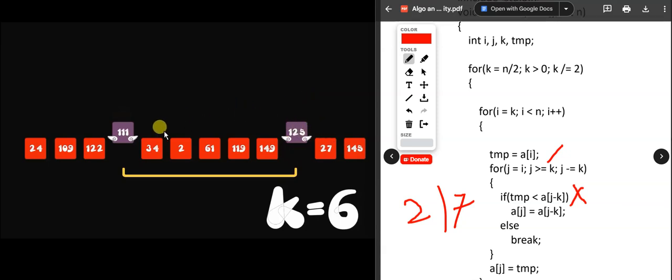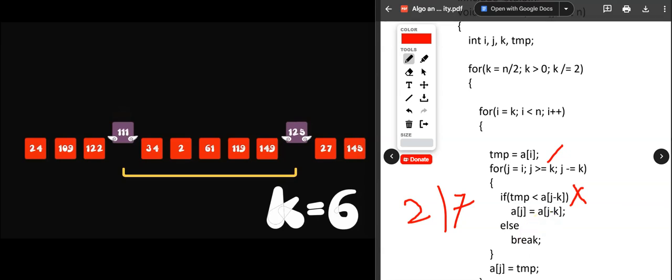125 and 111. In the previous cases, these are not maintaining this condition. The condition is that 111 is lower than 125, so this arrangement of shifting isn't required.